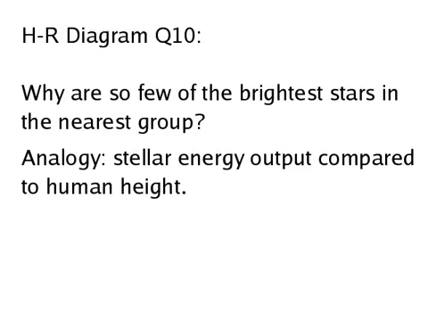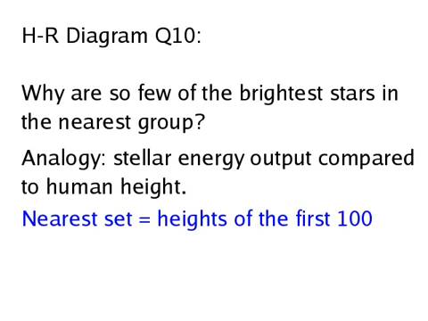Of course, I wanted to change the color, but it didn't take. So imagine the nearest set would correspond to the height of, let's say, the first 100 random people in a shopping mall.